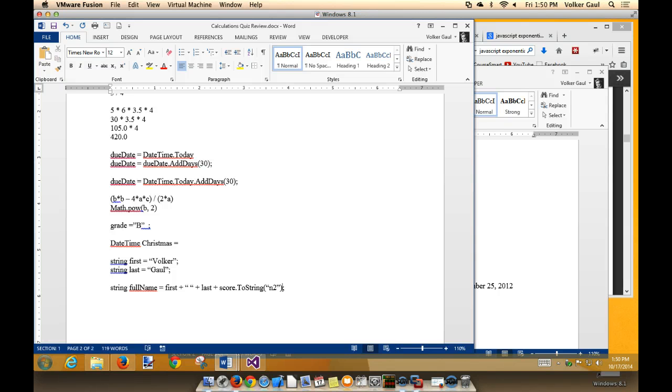So concatenation just means stick other stuff on a string to put them together. In your lab 3, where you did the error checking, you created a message box that had 2 strings that were concatenated together with a plus sign. I think that's all for concatenation.